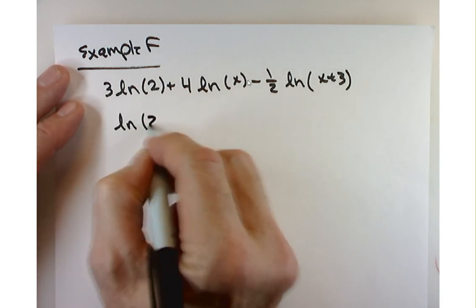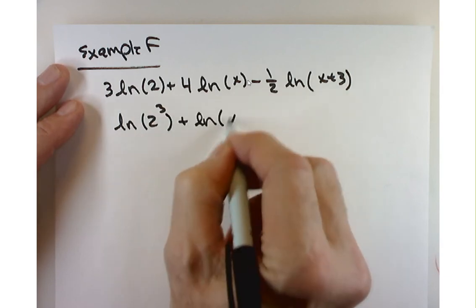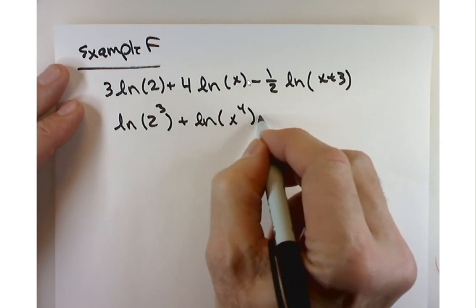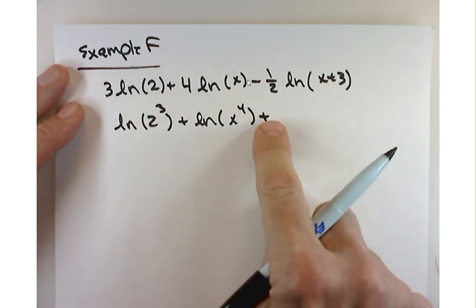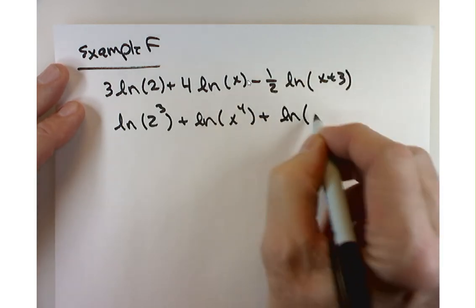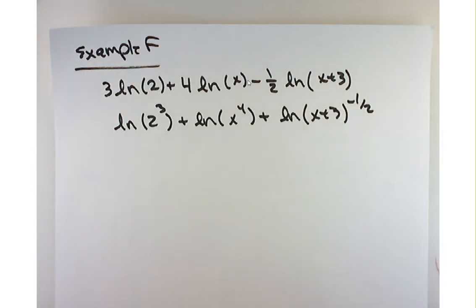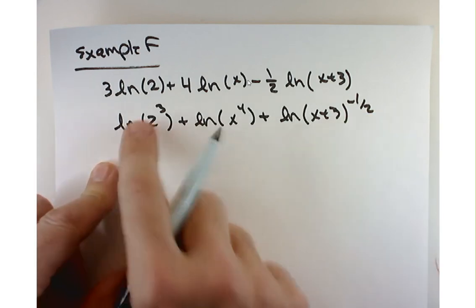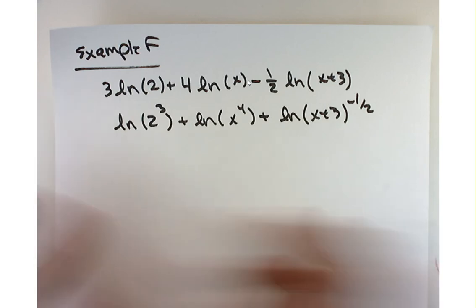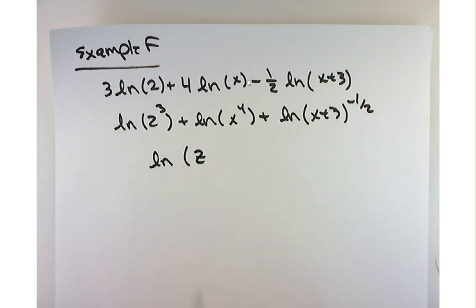This is ln of 2 to the 3rd power plus ln of x to the 4th power plus, now if I'm writing a plus here, that means I'm taking what and putting it in the exponent, -1/2. And the beauty of this is that now that all these things are written with a coefficient of 1, you can just write it as the log of the product. ln of, actually that's a 2 to the 3rd. Better yet, what's 2 cubed?